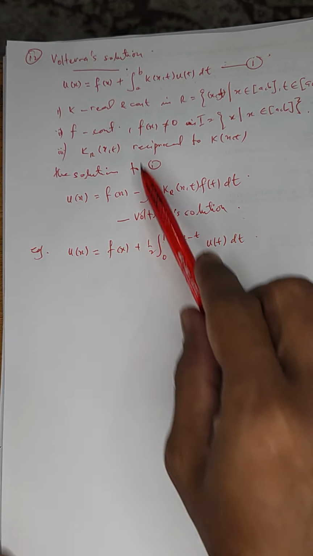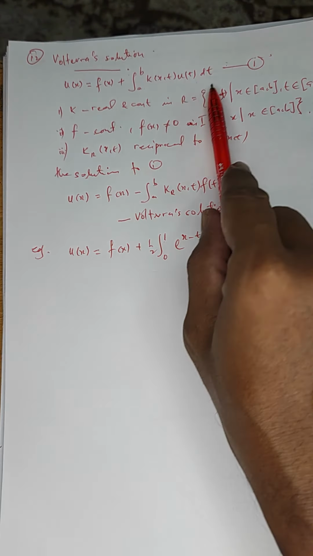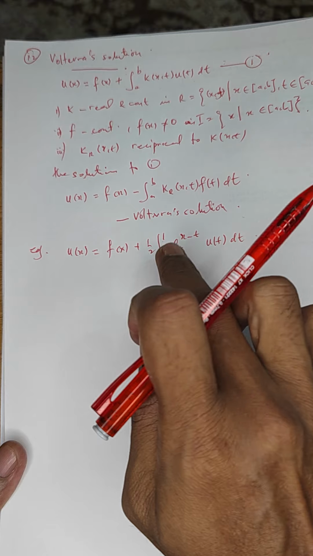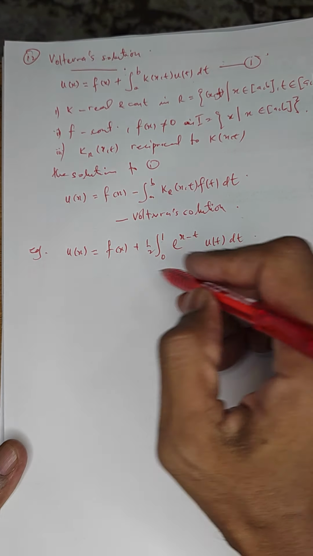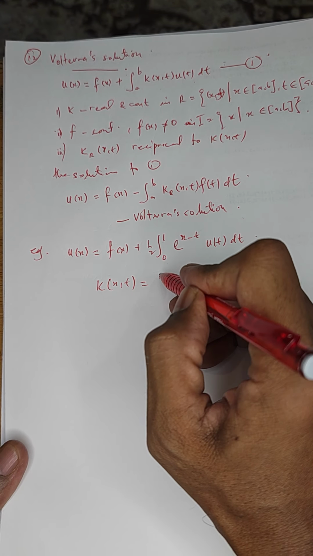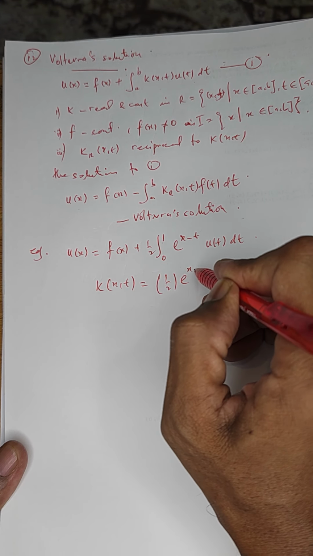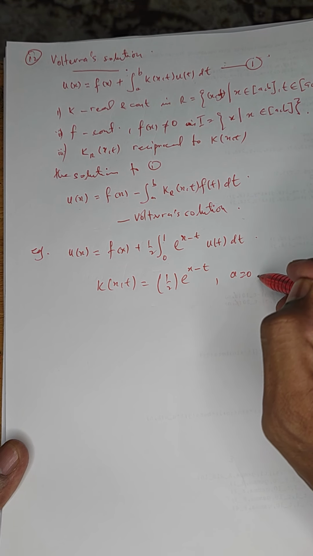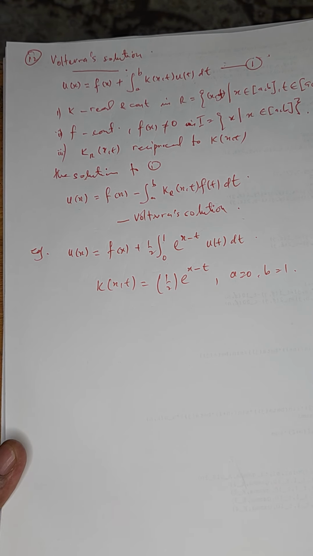If you compare with the general case, f(x) is f(x), and our k(x,t) is half e^(x-t), our a is 0, b is 1.